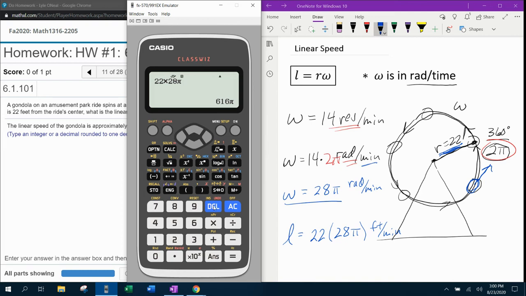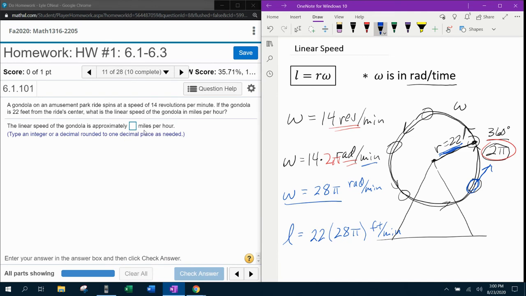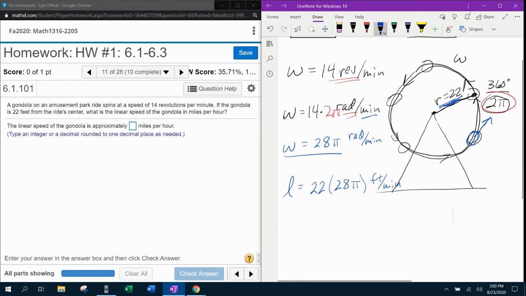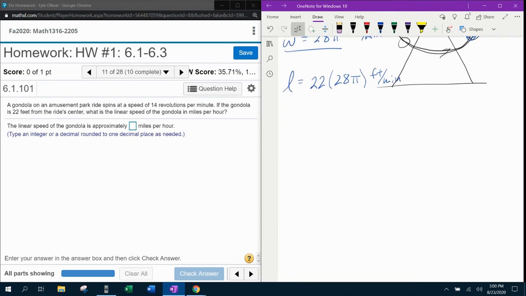Or if we convert that to a decimal, that's 1,935 and some change feet per minute. Now what I notice is that it wants it in miles per hour. Yikes. So we're going to have to actually convert our answer into the units they ask for.